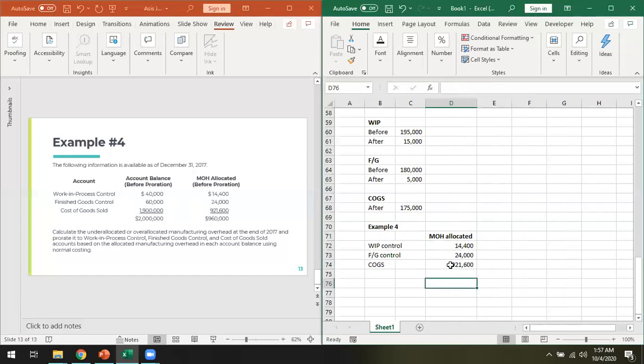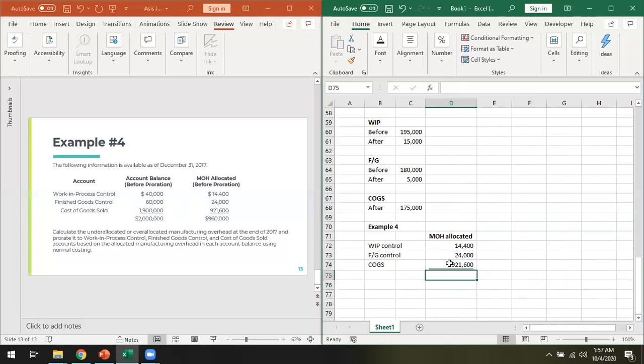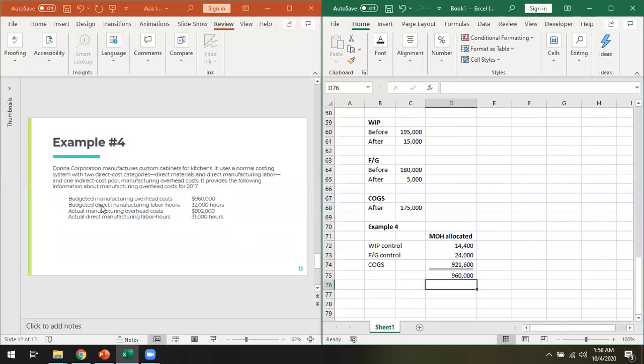Okay, first step is we want to know the percentage of each account balance related to the total manufacturing overhead allocated. So we want to know the total manufacturing overhead allocated. We can also know it from this figure.